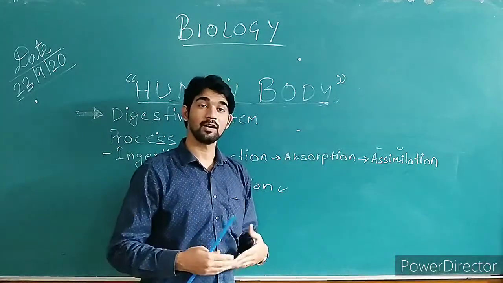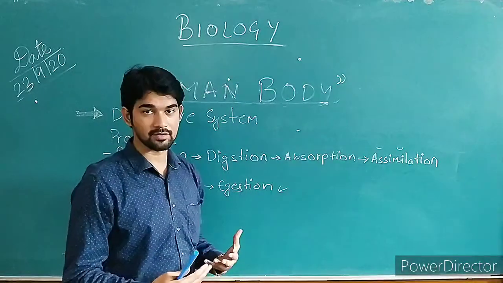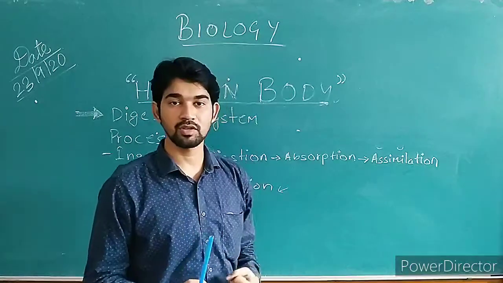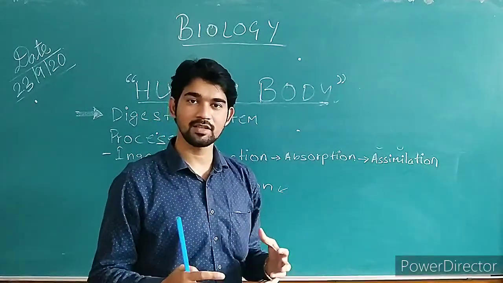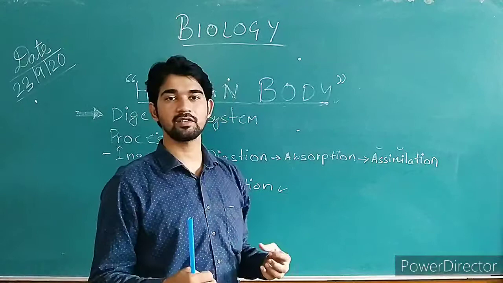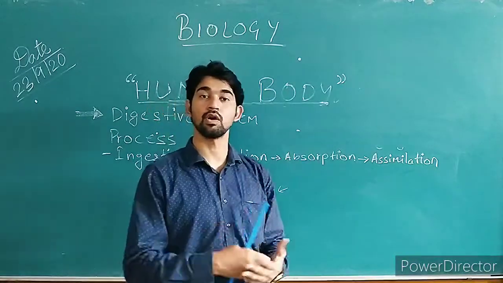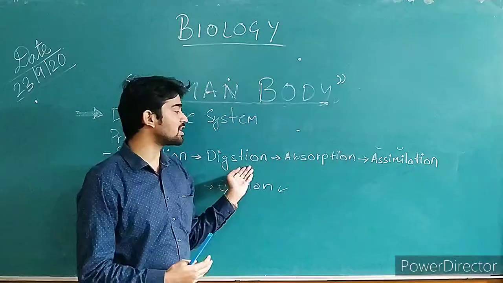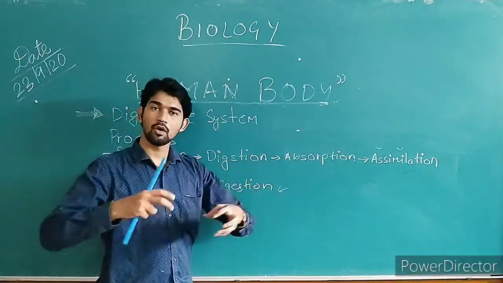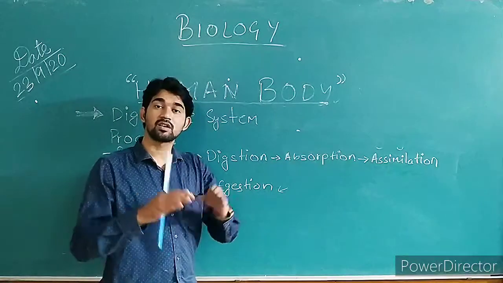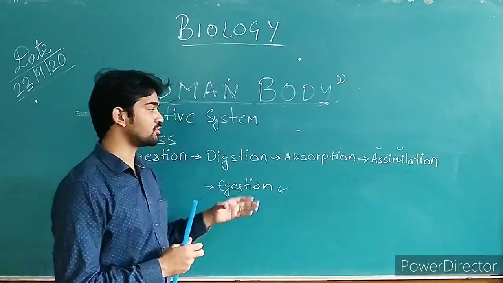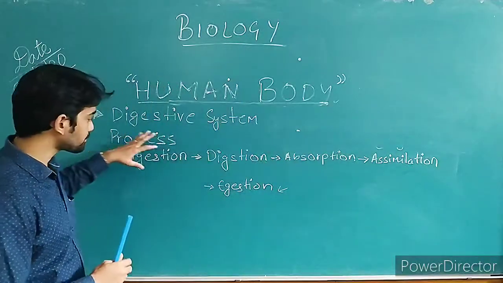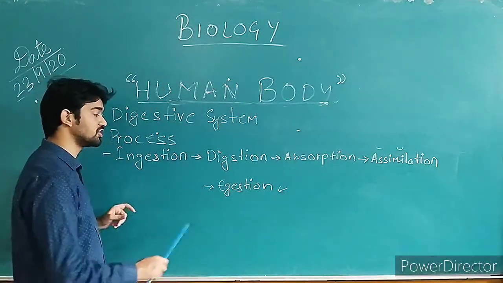Like vitamin A is good for your eyes, vitamin C is good for your immune system, and there are so many things needed by the system, like oxygen, water molecules, protein. So when the food is being digested and absorbed, all the food that you have eaten gets converted into energy, and that is assimilation. And lastly comes egestion.